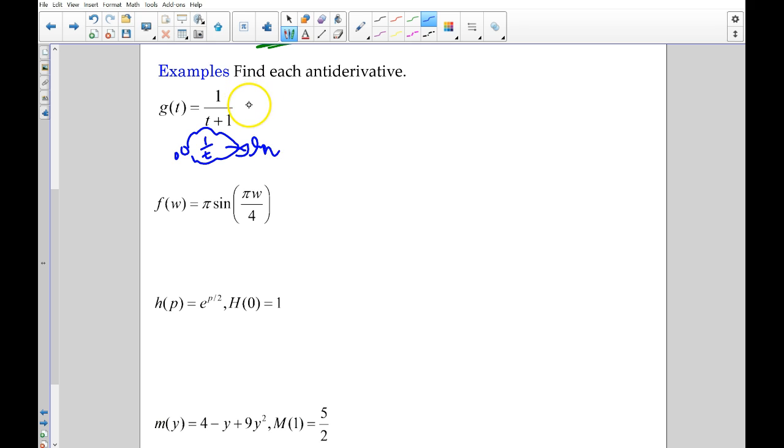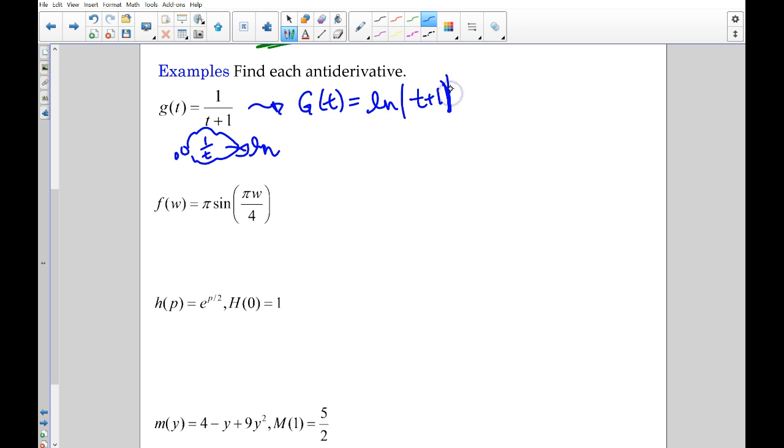So if I look at the antiderivative of little g, which I'll label capital G of t, this is equal to the natural log of the absolute value of t plus 1. And I need to make sure to have absolute values there.